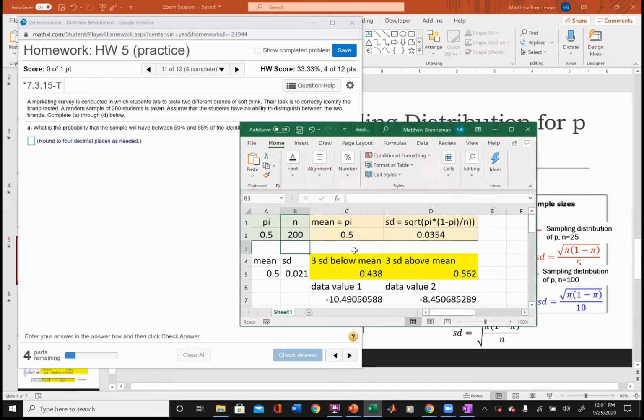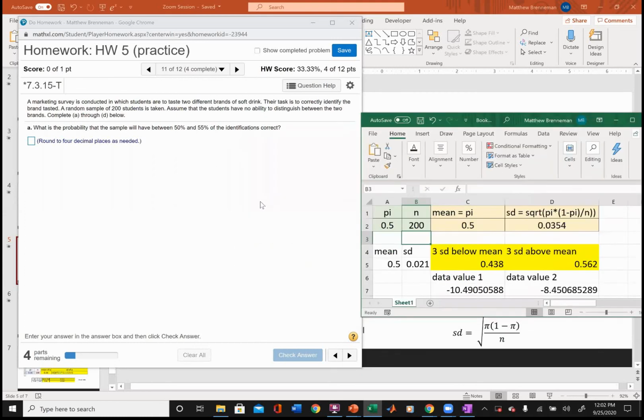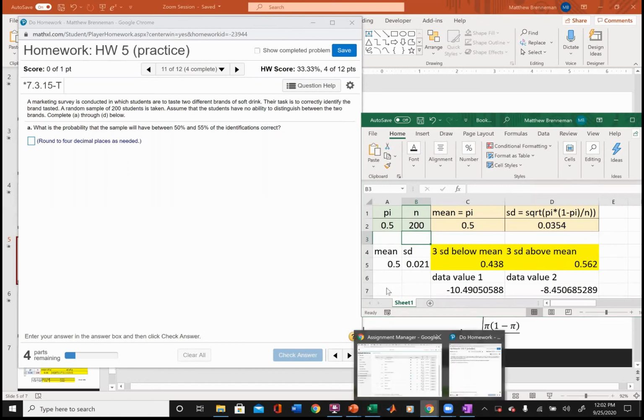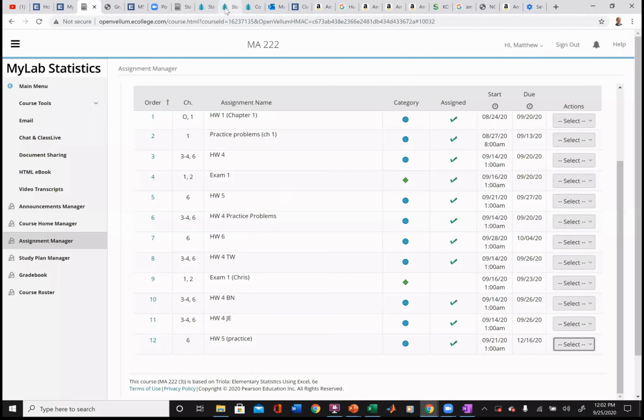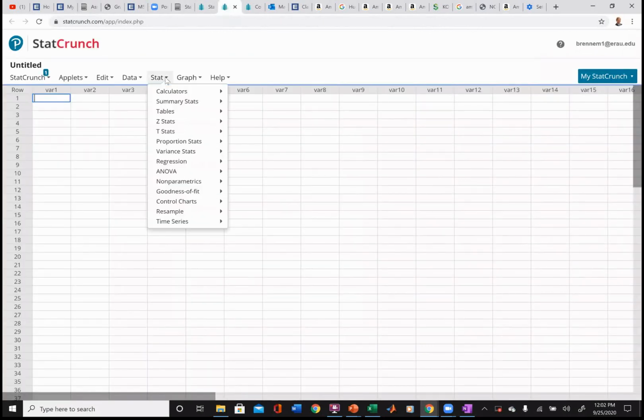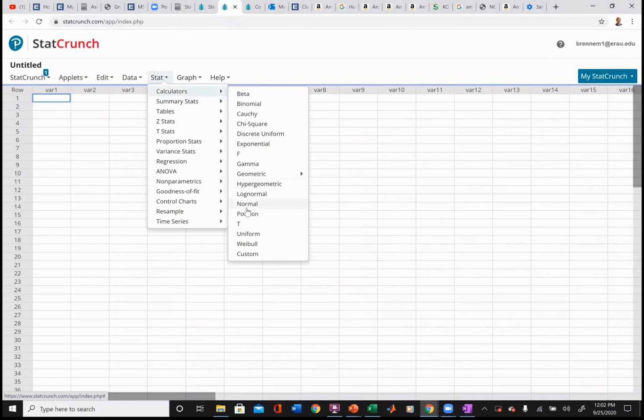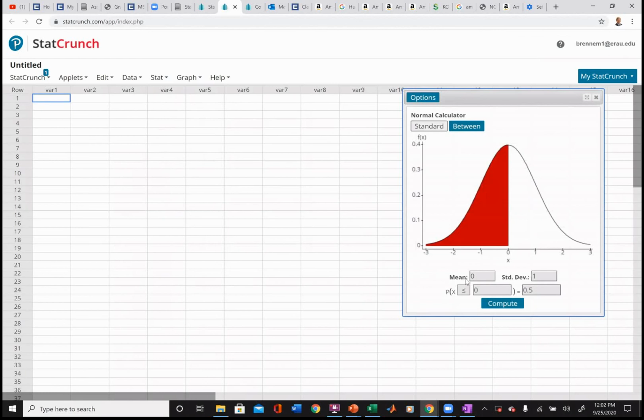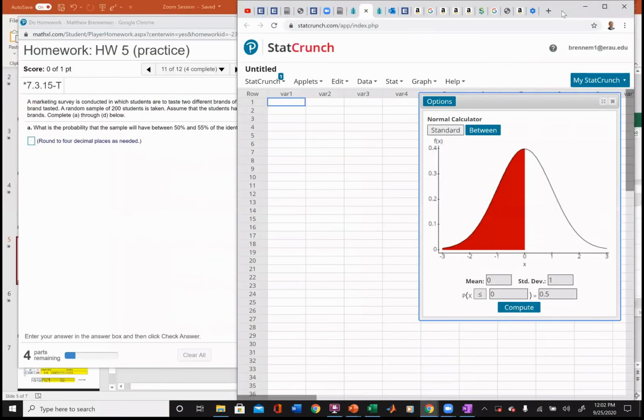Okay. So now it's asking me, what is the likelihood that just one random sample has a percentage between 50 and 55? And this is where we're going to do StatCrunch with the normal calculator. This is the part that can be kind of tricky. So we're going to go to StatCrunch, and I'm going to go to calculator normal. Okay. And now I'm going to type in this mean and this standard deviation, right?